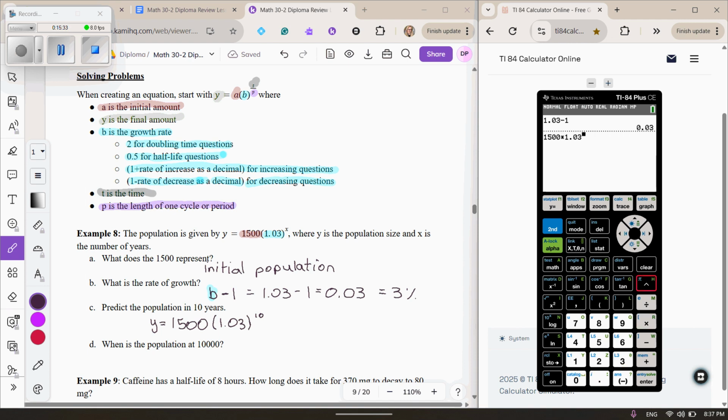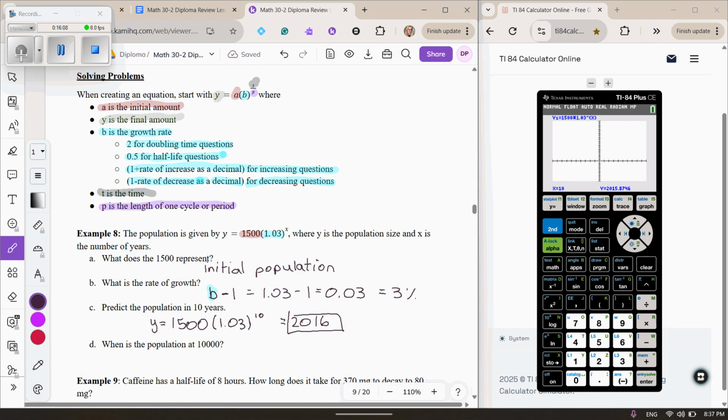And if that means typing it in like this, feel free to give us our population of 2016. The other way that we were to do this in the past would be to graph it. So you would graph 1500 times 1.03 to the power of x. And then you would go second function trace, and you would type in 10 for the value, and you would get the same answer of 2016.